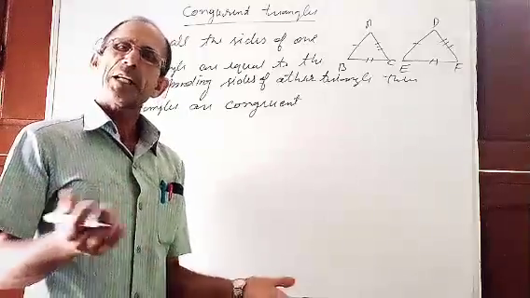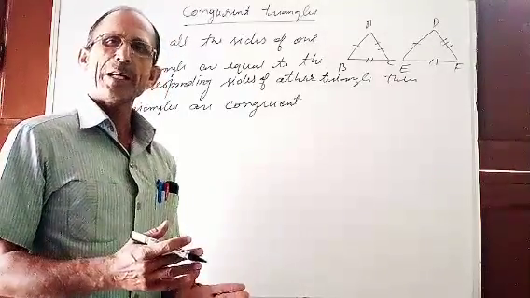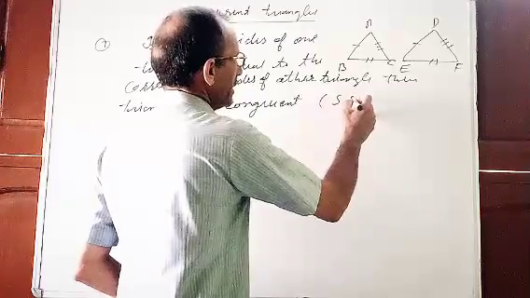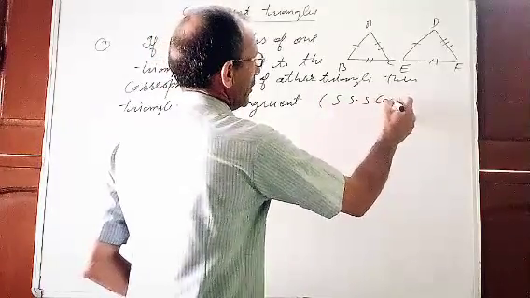Congruent means same shape, same size. So this rule is known as the side, side, side congruency rule.